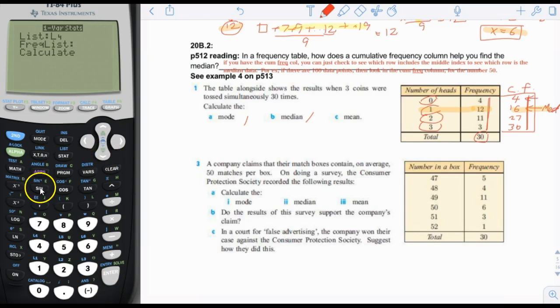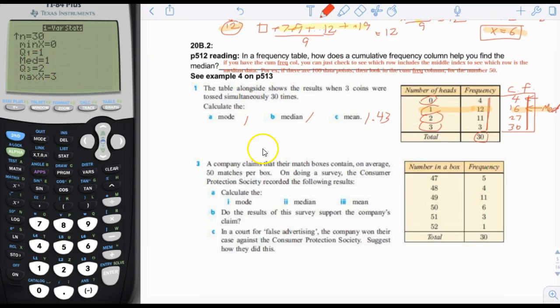Make sure I put list 1 for the first list and list 2 for the second list because that's where I put them. And then calculate. And the mean is 1.43. We can check our median also because the median is also here. There it is, it's 1.